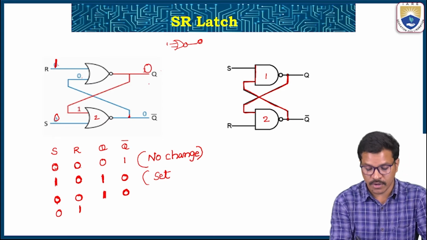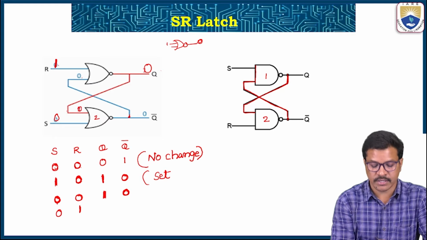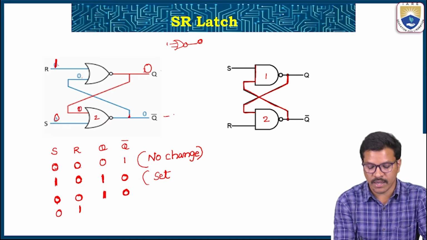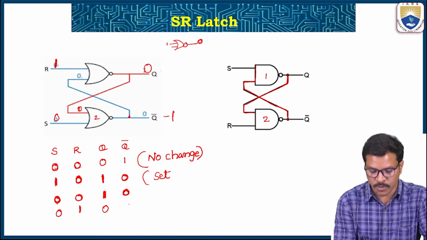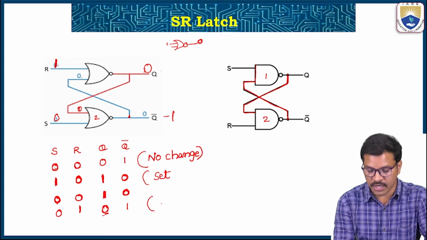You will get 0. That 0 is available at the second input of NOR gate 2, which will make NOR gate 2 output logic 1. So Q is equal to 0 and Q bar is equal to 1, which means we can focus on Q only, not Q bar. So the latch is in reset mode, or reset state.